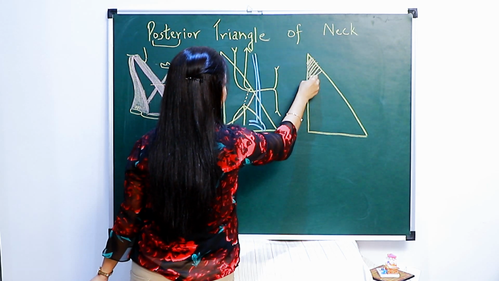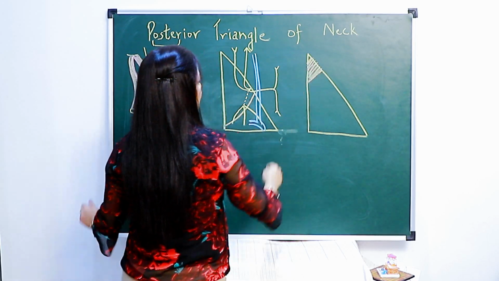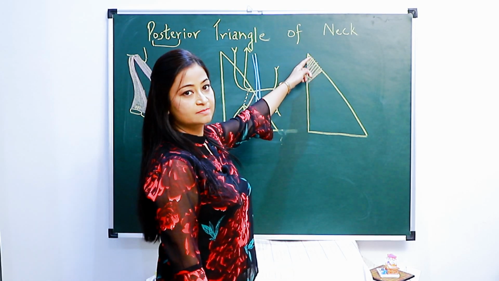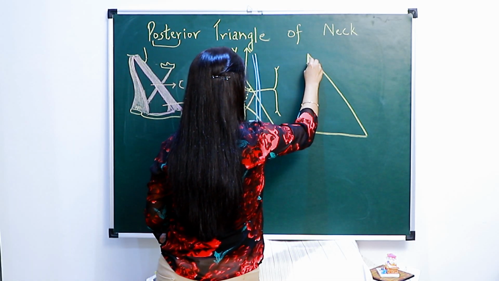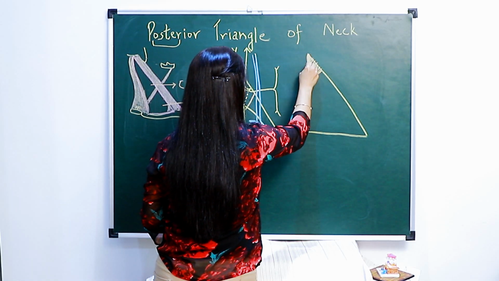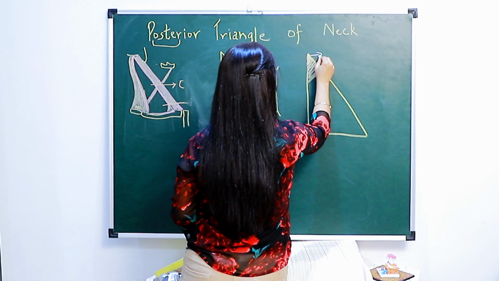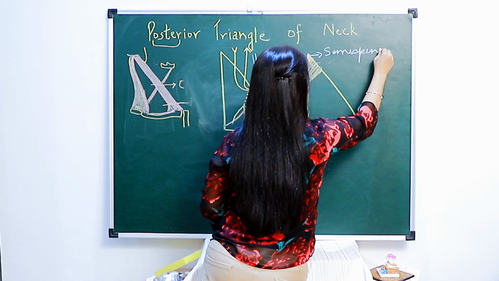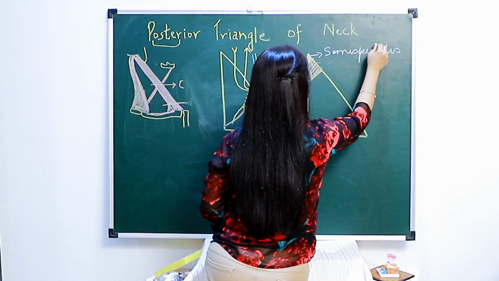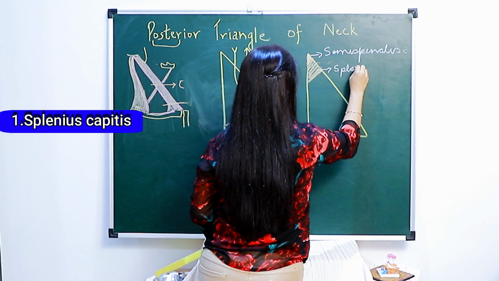The fibers run diagonally like this, and just above this muscle you may also sometimes find the fibers of the muscle semispinalis capitis. So the first muscle would be semispinalis capitis. The next is your splenius capitis.